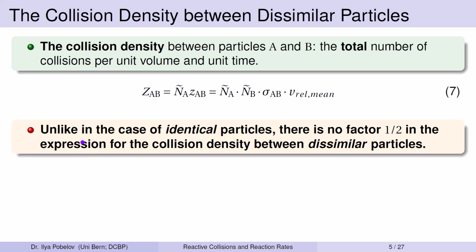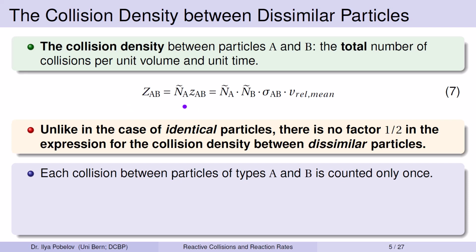First, unlike in the case of identical particles, there is no factor of 1/2 in the expression for the collision density between dissimilar particles. This is because each collision between particles of different types A and B is counted only once.